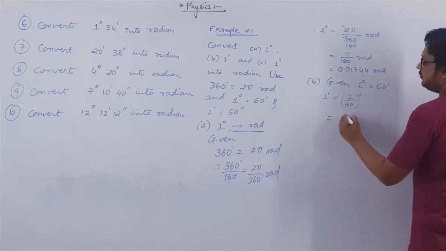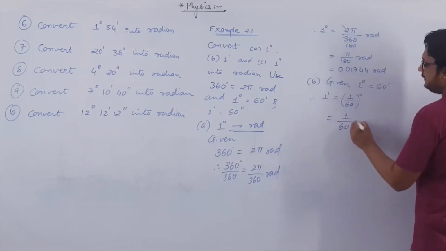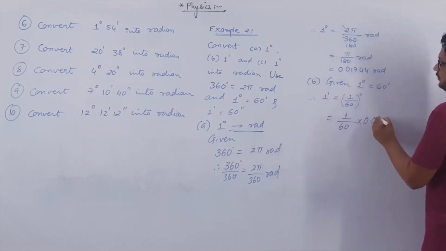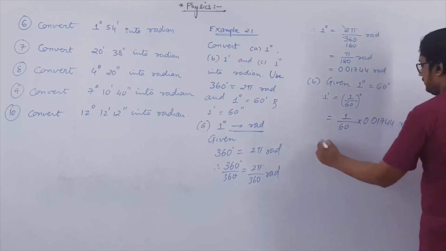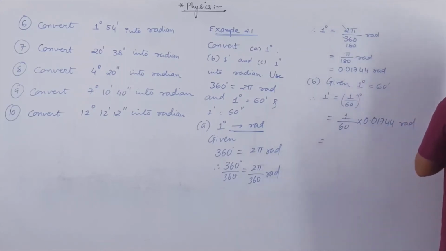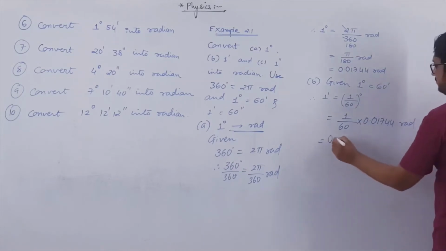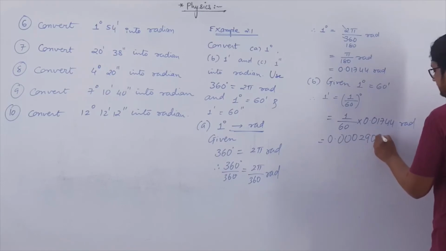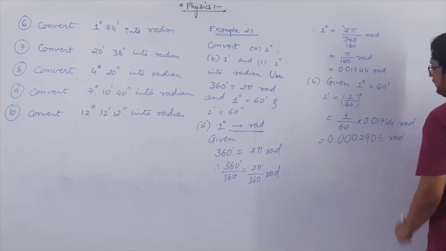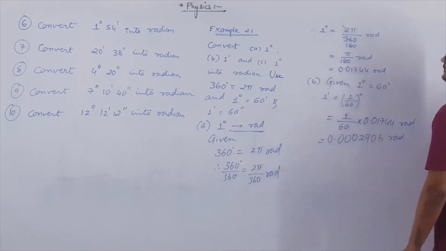So this will be equal to 1 by 60 into 0.01744 radian. So 0.01744 divided by 60, you will get 0.0002906 radian.